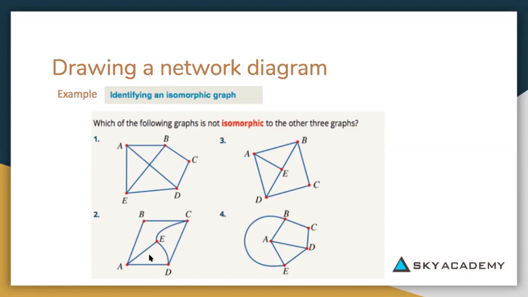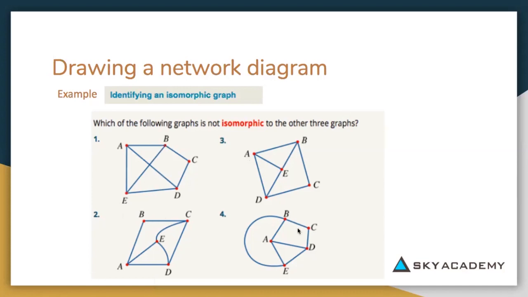You can also have a look at which ones are not isomorphic by looking at the edges. Graph 2 lacks the edge between B and E that every other graph has.